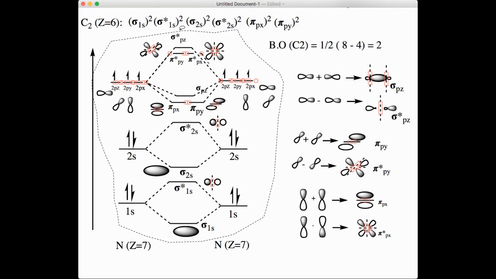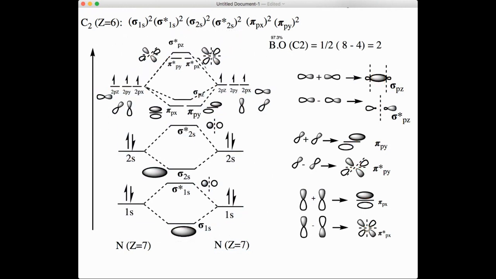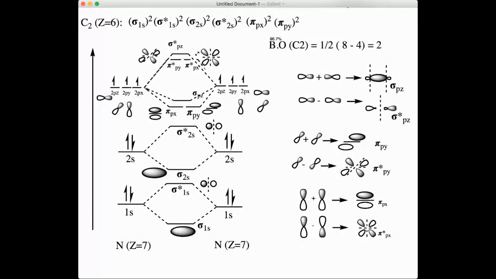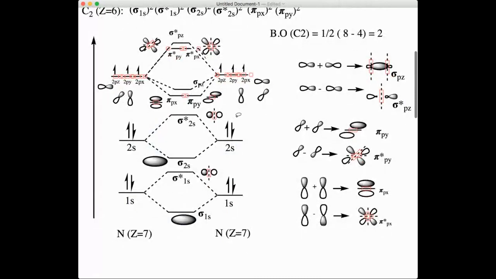So my next question is, how many electrons should we place in my molecular orbital diagram for the N2 molecule? That would be a total of 14 because each nitrogen has 7 electrons. So 2, 4, 7, 9, 11, 14 electrons.